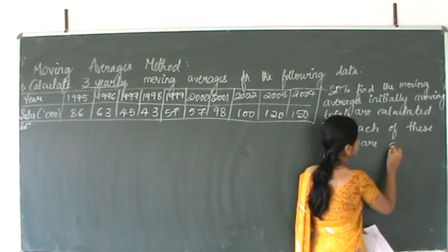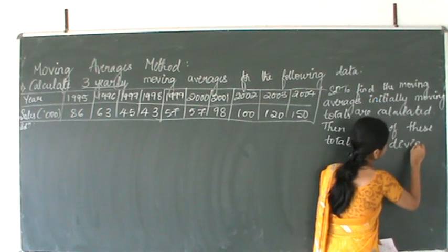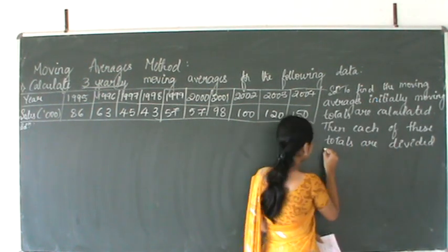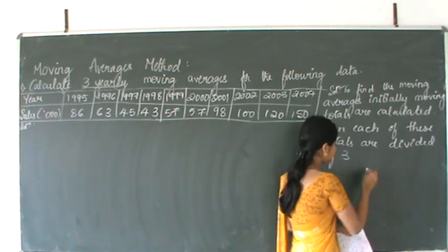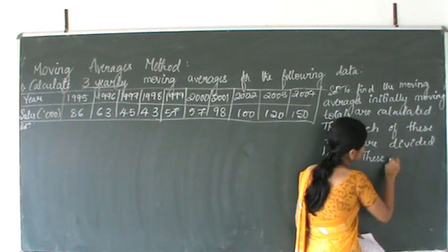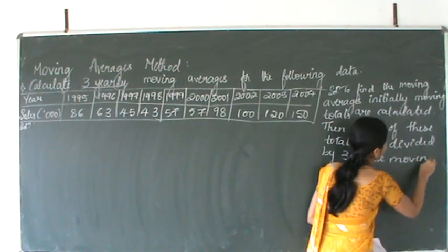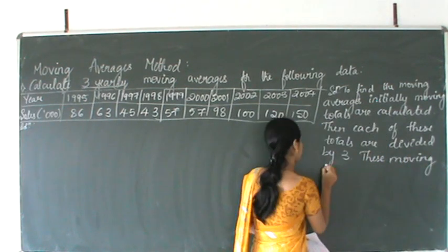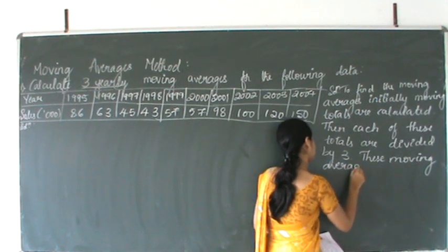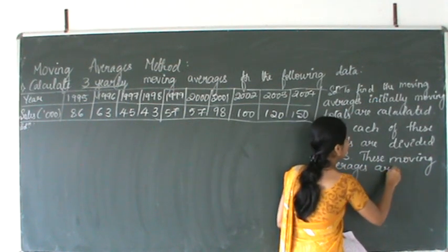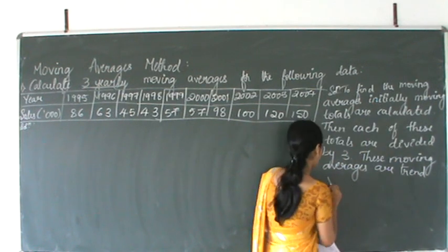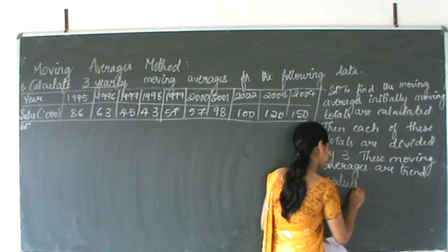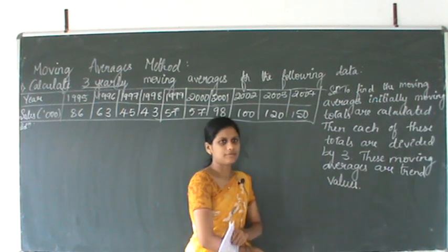Divided by 3. These moving averages are trend values. So initially you have to write this statement.